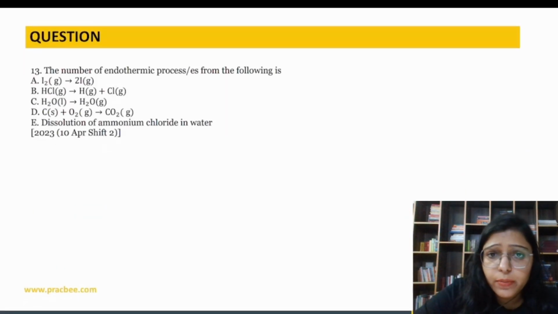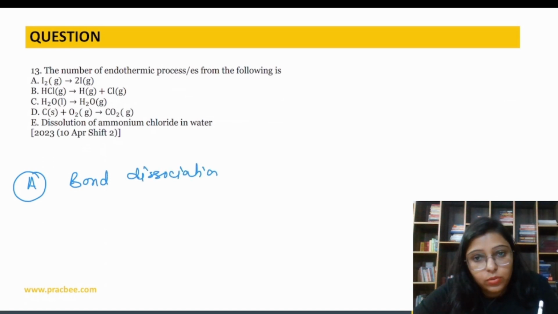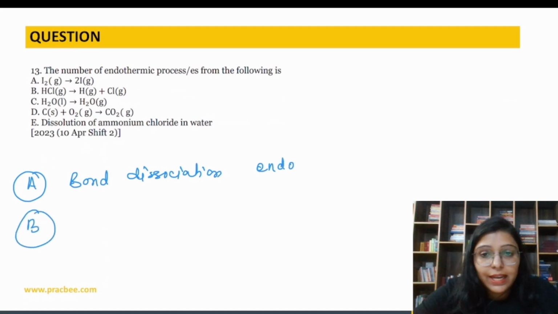The number of endothermic processes from the following: A, I2 to 2I, here bond dissociation happens. So bond dissociation is endothermic. B, HCl gas is converted to hydrogen gas plus Cl gas in atomic form. That is also bond dissociation, endothermic.